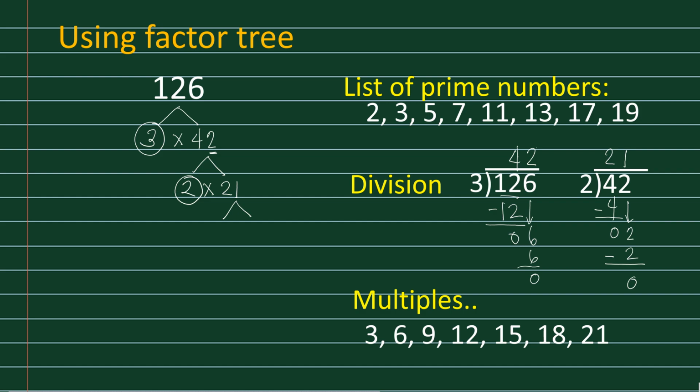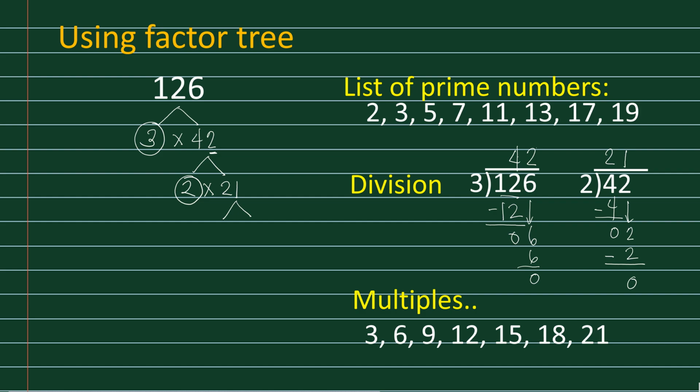So let's see how many 3s we can get in 21. 3 plus 3 is 6, plus 3 is 9, plus 3 is 12, plus 3 is 15, plus 3 is 18, plus 3 is 21. So how many pieces of 3 do you have in 21? 1, 2, 3, 4, 5, 6, 7.